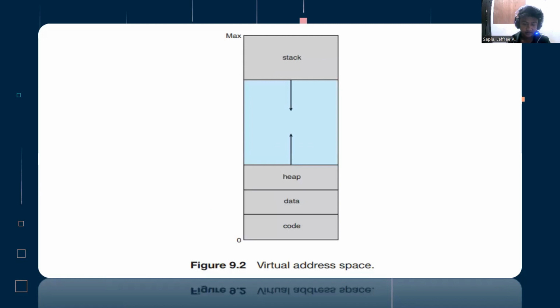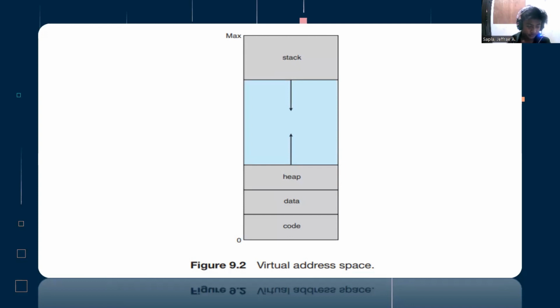This is a virtual address space. Recall from Chapter 8 that, in fact, physical memory may be organized in page frames, and the physical page frames assigned to a process may not be contiguous. It is up to the Memory Management Unit, or MMU, to map logical pages to physical page frames in memory.